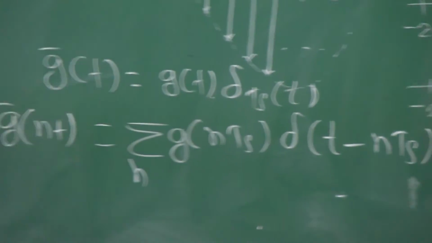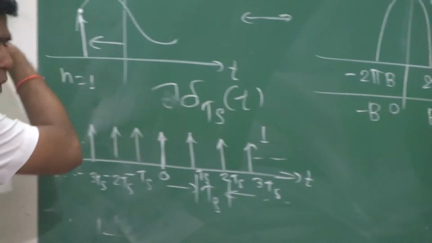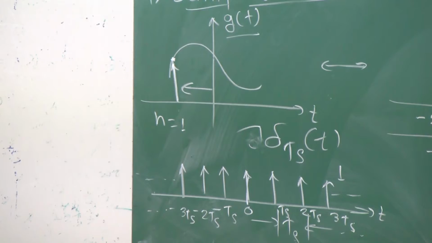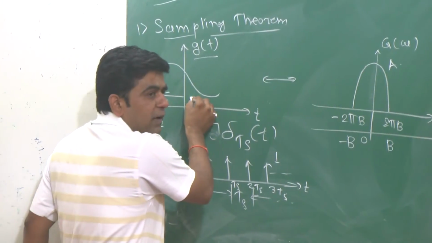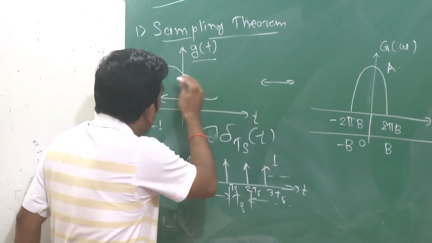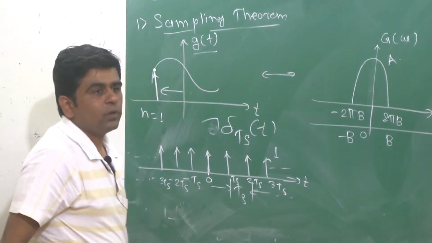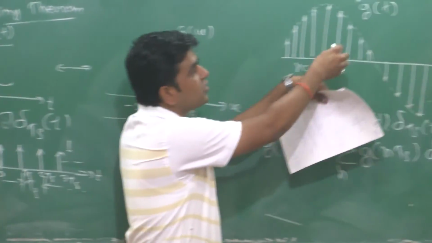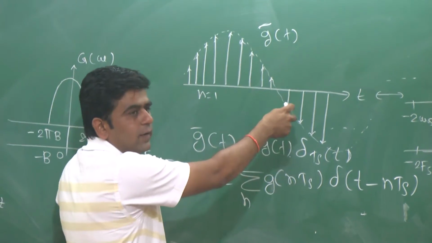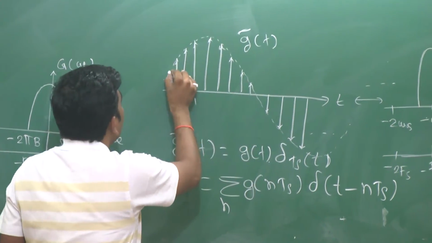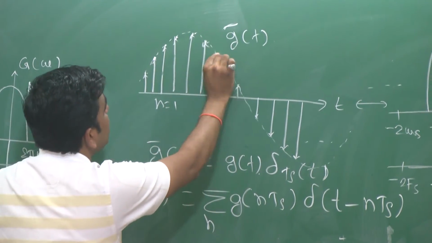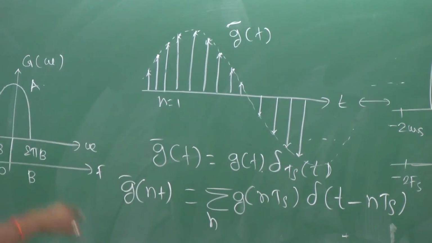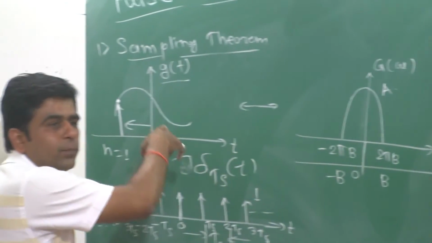Suppose this is the initial position, it gets shifted towards the left. Continuously your impulse function is going to shift on this g of t. So finally we will get this structure, where we have multiple discrete values for this g of t.